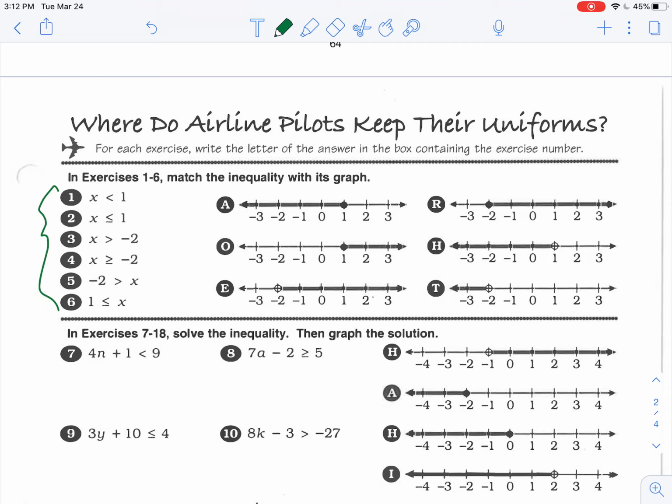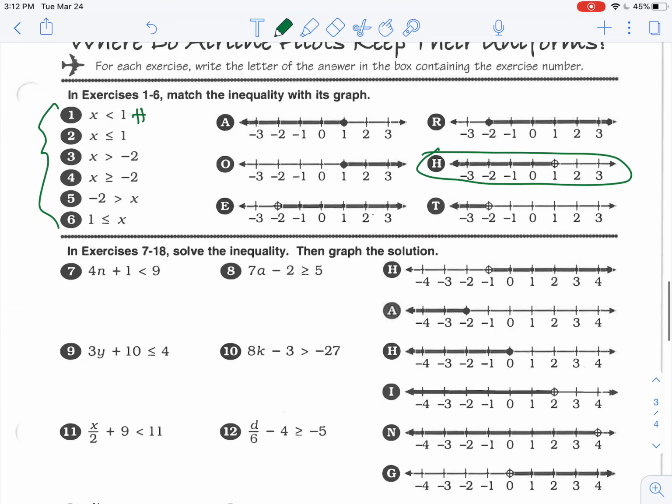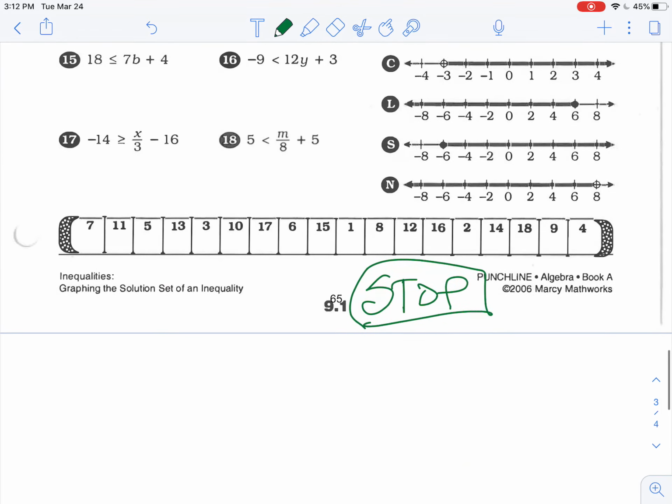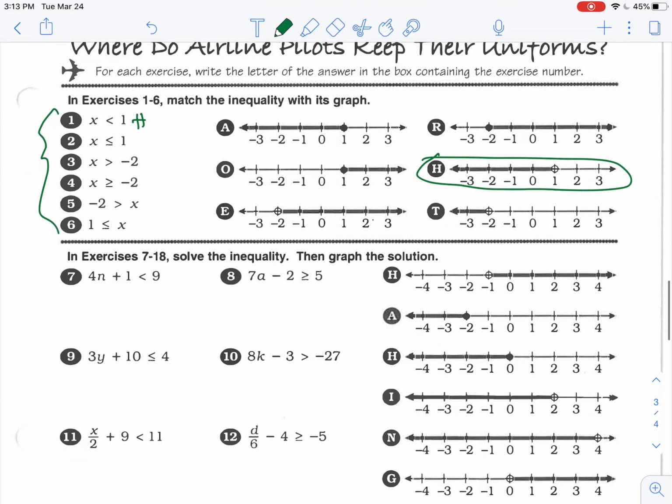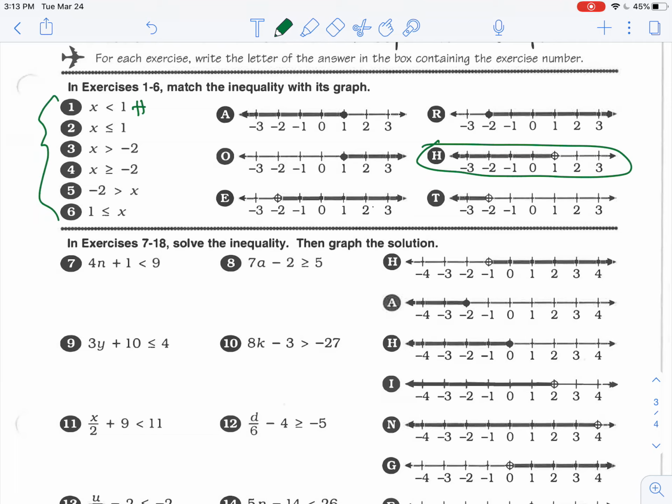So all the numbers are less than 1. So you have to make sure that you look for the hollow dot versus the filled in dot. So this right here is your answer for number 1. So you put the H over here, and then down at the bottom, number 1 becomes H, and so forth and so on.